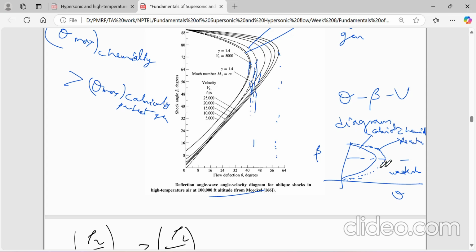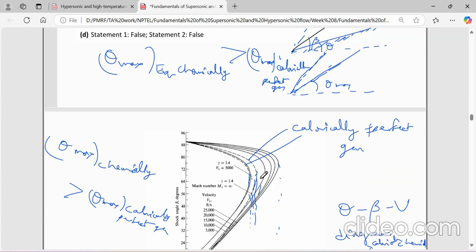So for chemical reacting gas, for weak shock, the shock angle beta which we are getting for oblique shock is less than what we get for calorically perfect gas.